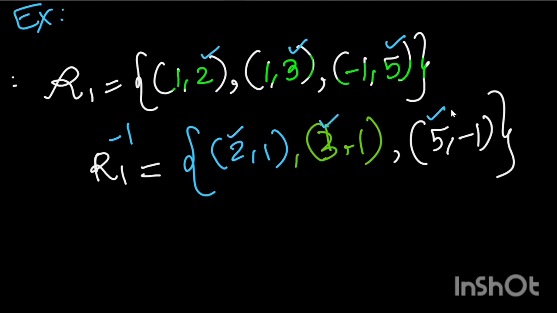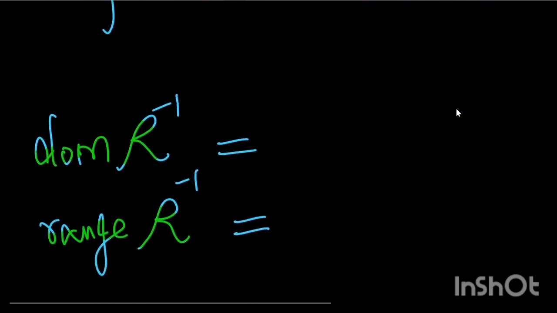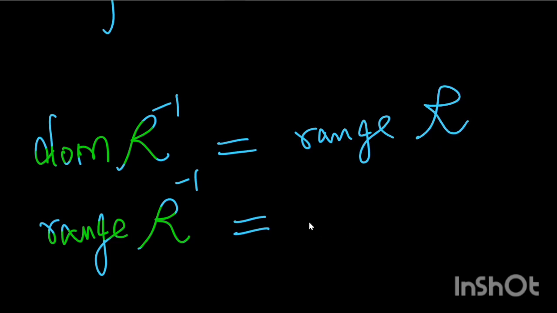So they are interchanged. Domain of R inverse we can say is what, guys? It is the range of R. And in the similar way, range of R inverse can be written as domain of R, guys. Okay.